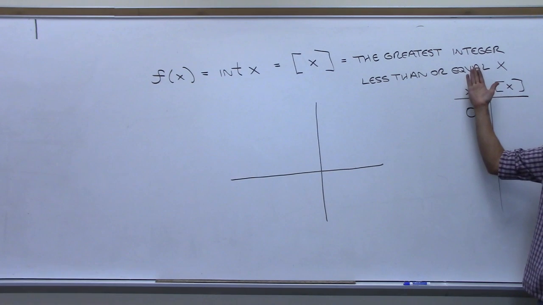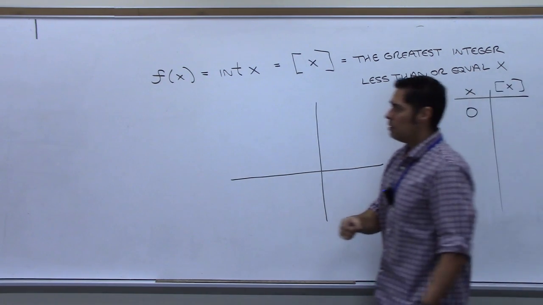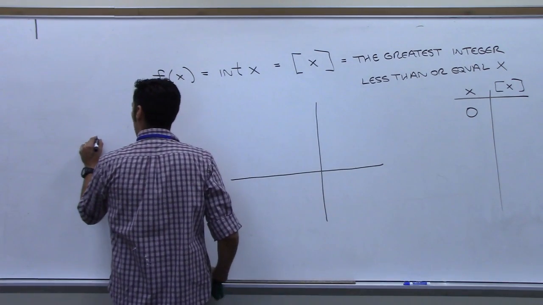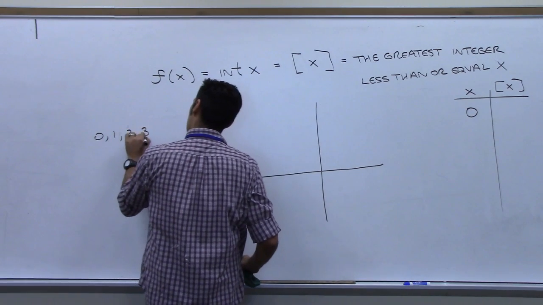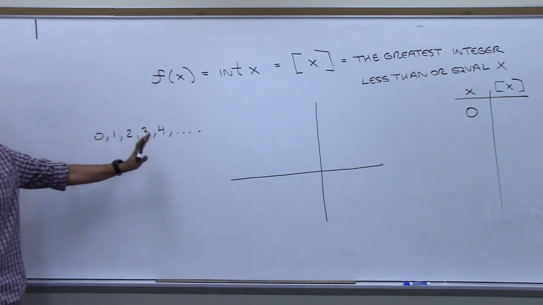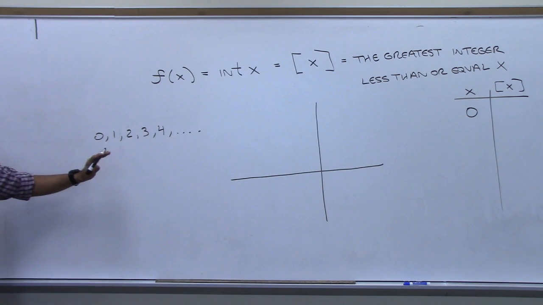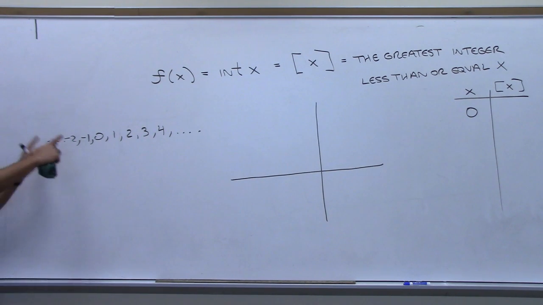Well, what's an integer? The whole numbers, not a fraction or a decimal. The integers are 0, 1, 2, 3, 4, forever, all your whole numbers, and backwards the other way, -1, -2, forever that direction.